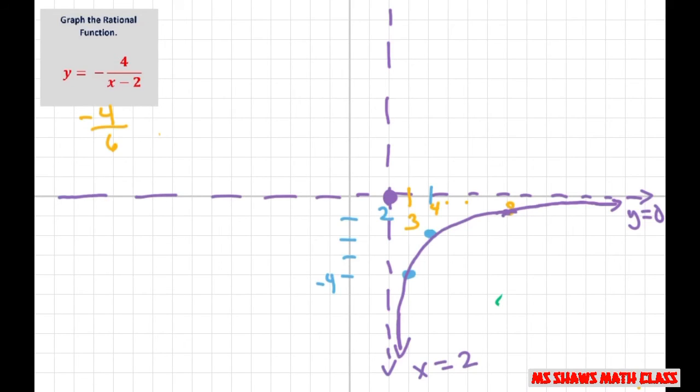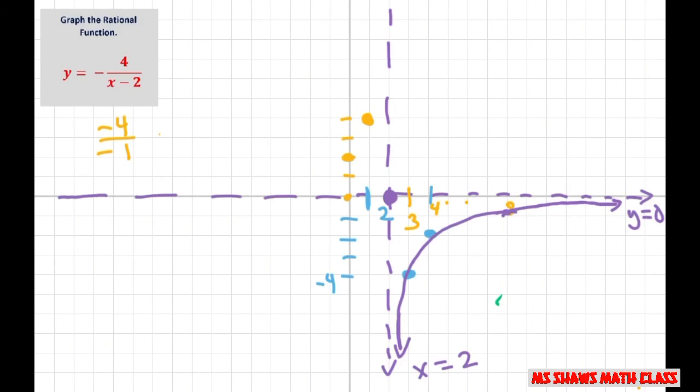Now, let's look on this side of my x equals 2. So let's plug in 1. If I plug in 1, I'm going to get negative 4 divided by negative 1. That is 4. So at 1, we're at 4. These are symmetric. And then if I plug in 0, I'm going to get 2.